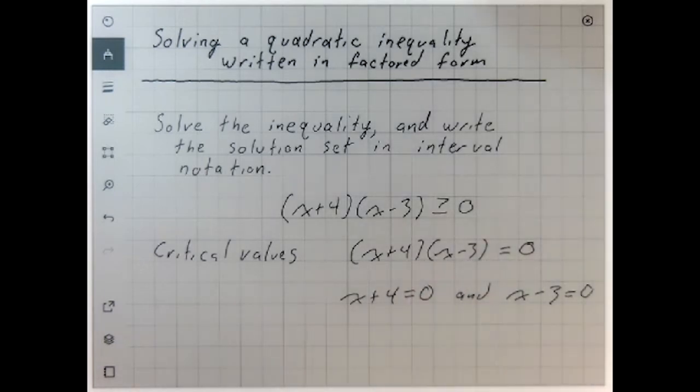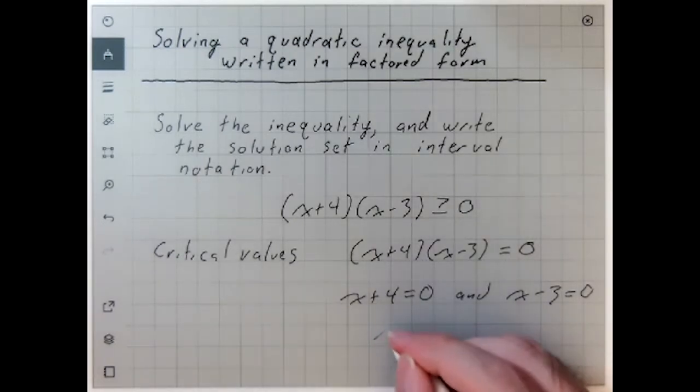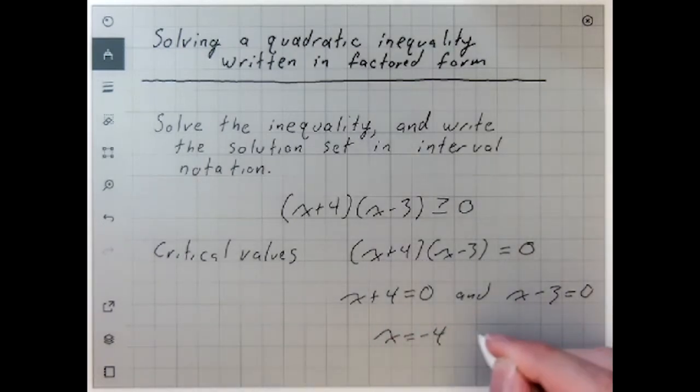Usually we would put "or" there, but because we're looking for critical values, these are all critical values. All right, so we have critical values of x equals -4 and of x equals 3.